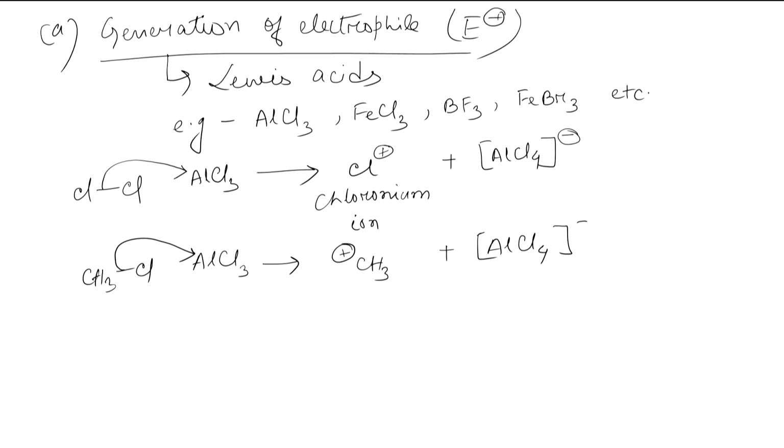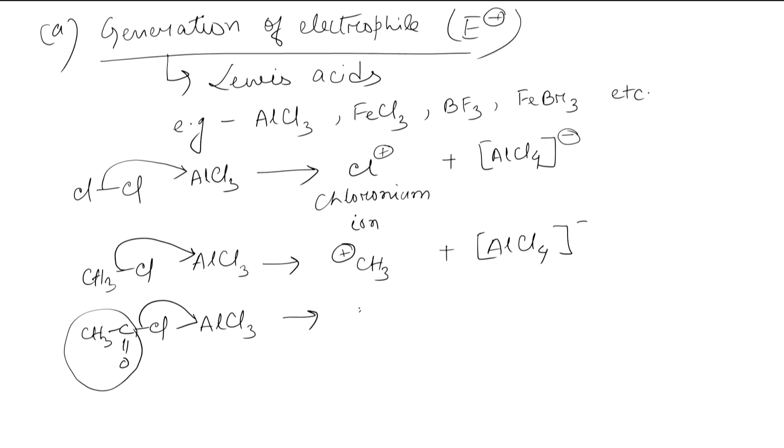Now if we have an acyl group, okay, acyl chloride, this is an acyl group, okay, CH3CO, and we have AlCl3.